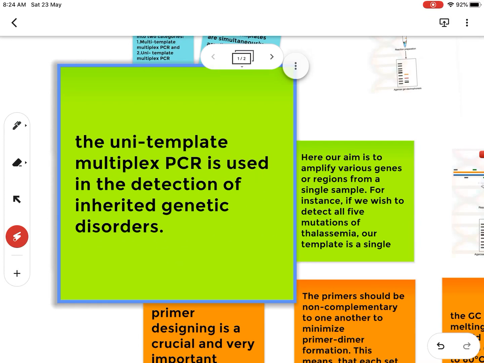For instance, if we wish to detect all 5 mutations of thalassemia, our template is a single beta globin gene from a single patient, but we are analyzing 5 different alterations in the beta globin gene. The single template is amplified with the help of multiple sets of primers in a single reaction. The single template multiplex PCR is widely used in deletion analysis.